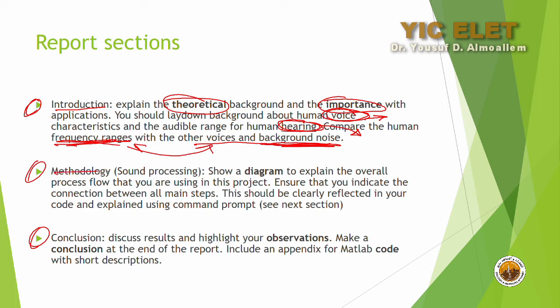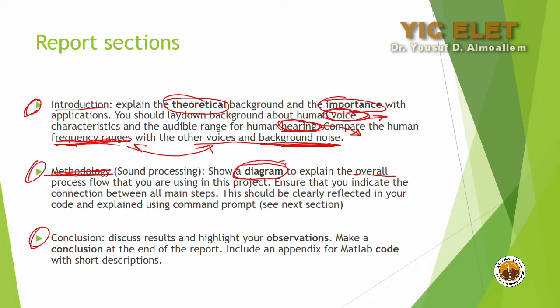In the methodology, which is the main part of your work, I want you to start by drawing a diagram that explains the overall process flow. What you're doing is filtering, so first you have to show me the main steps in a diagram.